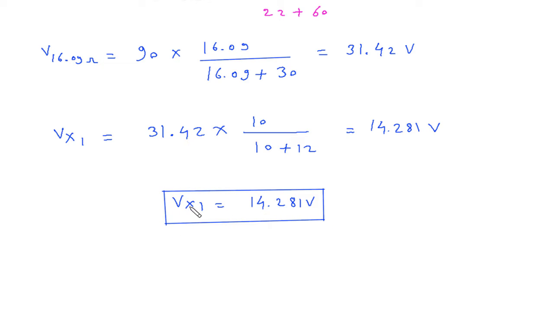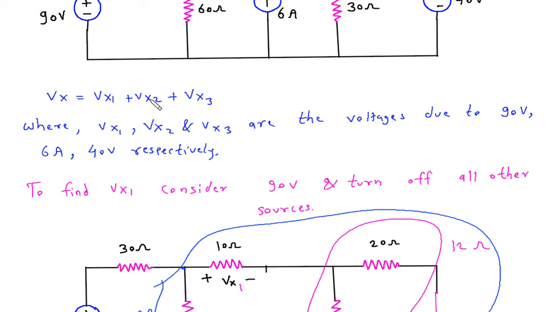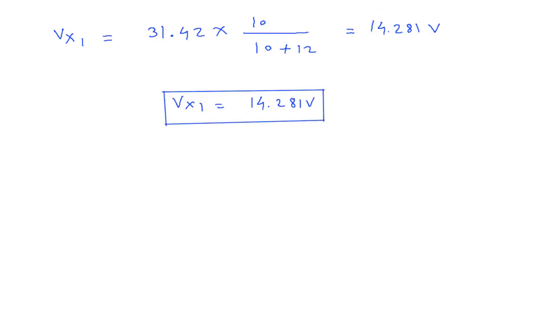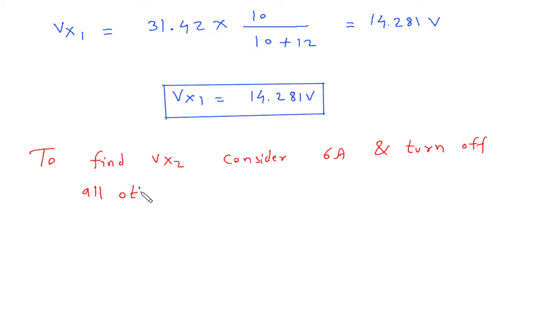Next we have to find Vx2. To find Vx2, we will consider this 6 ampere current source and turn off all other sources.